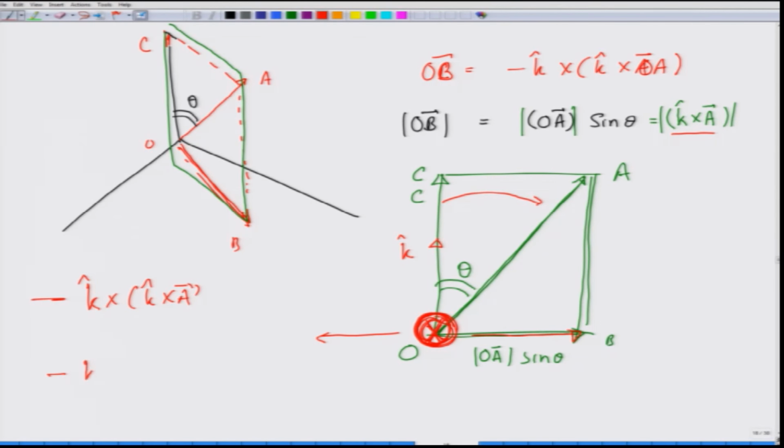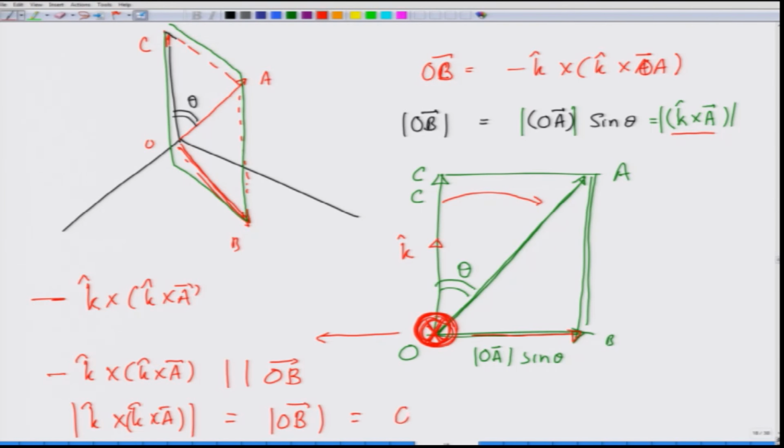So, minus k cross A is parallel to OB, and the magnitude of k cross A is nothing but magnitude of OB, because this is nothing but OA sin theta. Therefore, it is immediately clear that OB is in the direction of minus k cross A and has the right magnitude, and so this is proved.